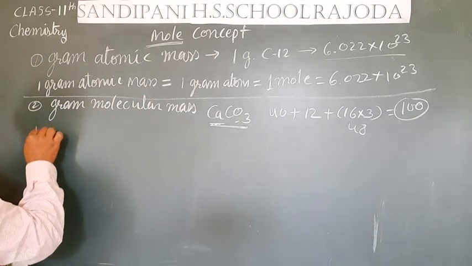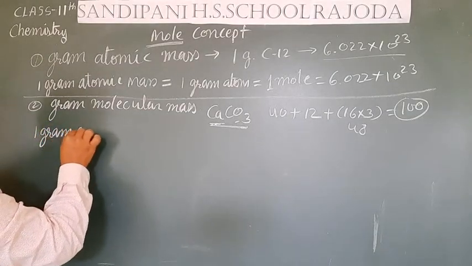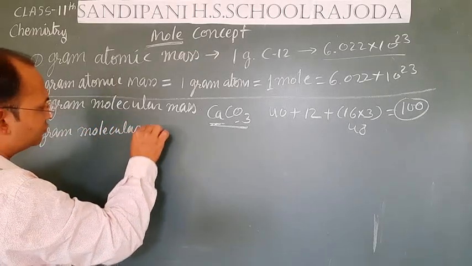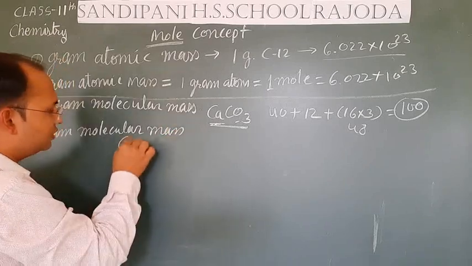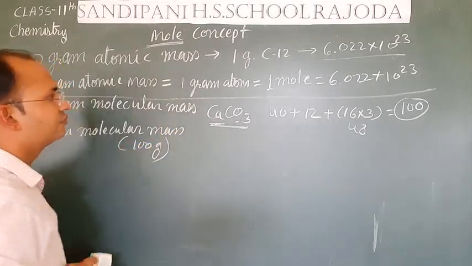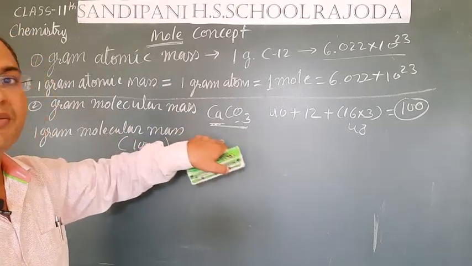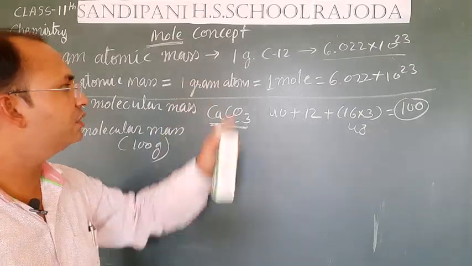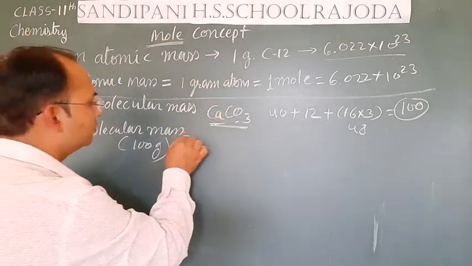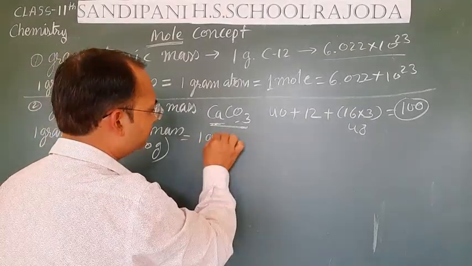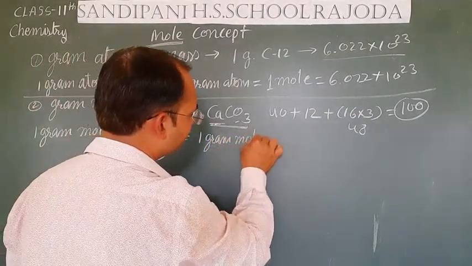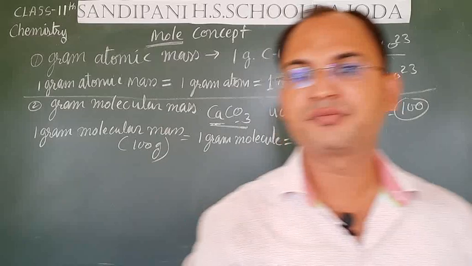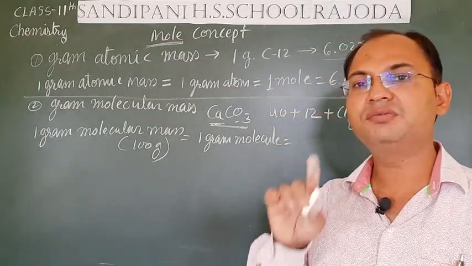So 1 gram molecular mass, or we can say 100 gram, will be equal to 1 gram molecule. The molecule in gram will be taken as 1 gram molecule, not atom, and 1 gram molecule will contain the number of particles equal to 1 mole.